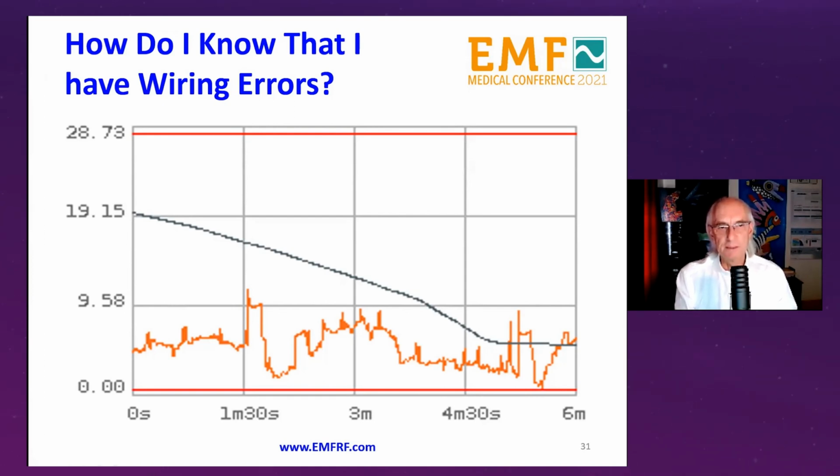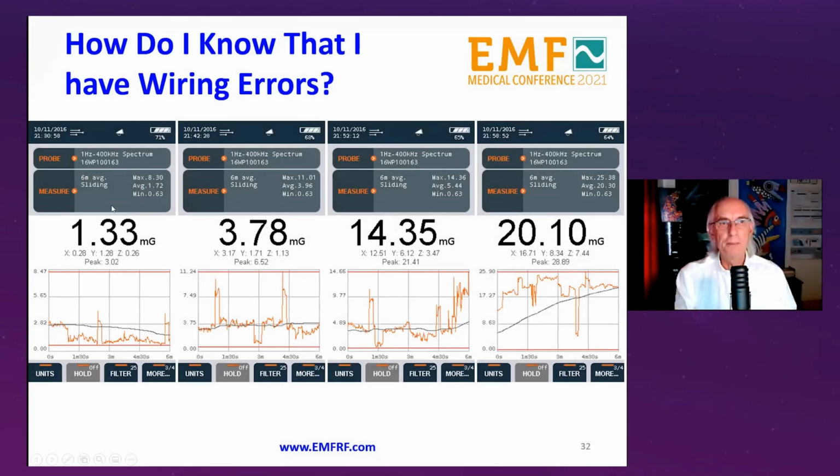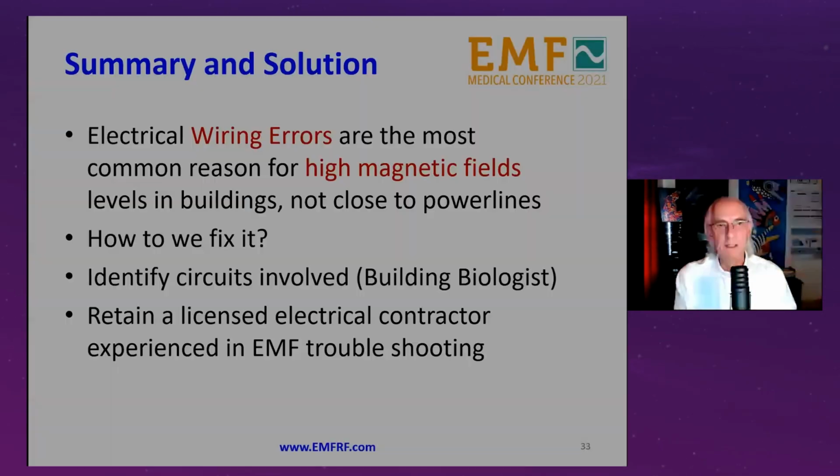Now I have 4 pictures of the same location at different times. And you can see it varied from 1 to 3 to 14 to 20 milligauss in one location. That's an indication that there is some major miswiring going on or stray currents on pipes. And we need to find out where it is and then fix it.